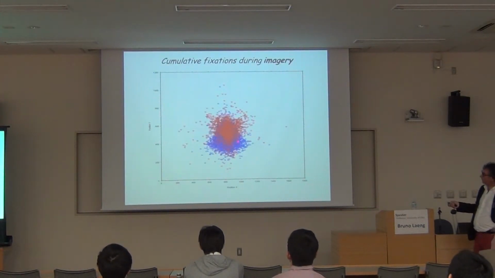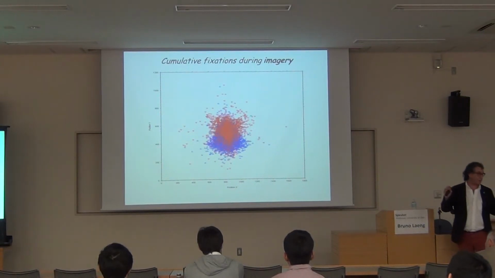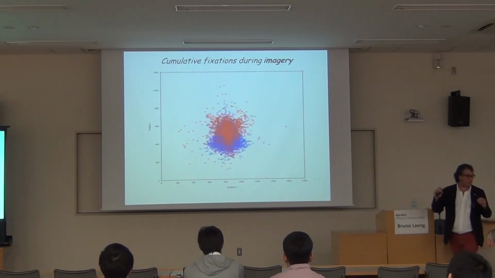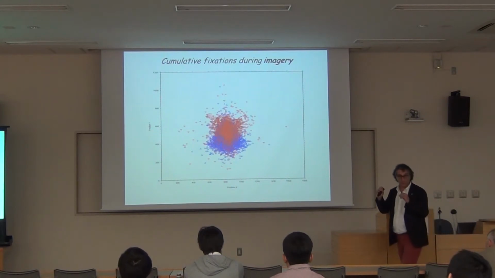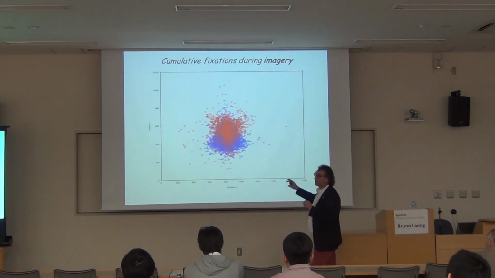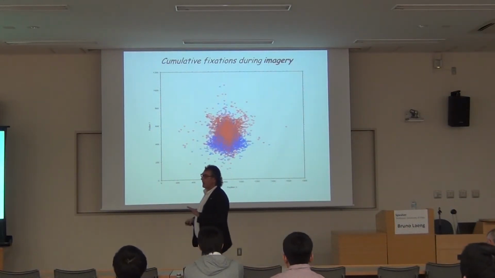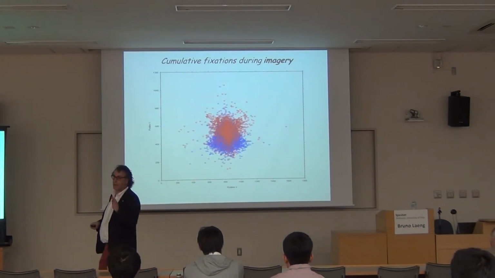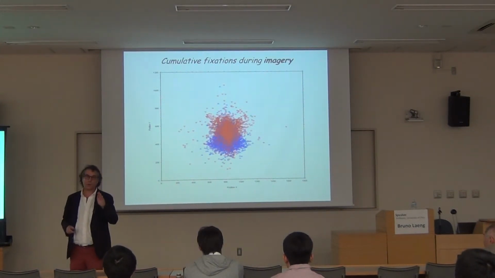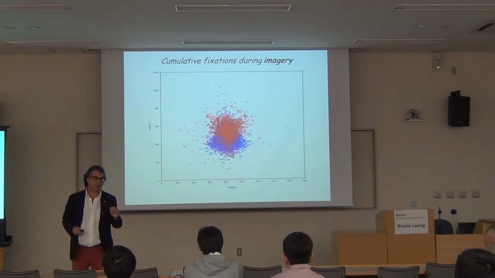As you can see now, red is looking down, blue is looking up. There is absolutely nothing on the screen. This is just the coordinates of the eye while they're thinking, imagining seeing these objects. In fact, we could take this group performance and guess with high accuracy what those people were thinking about at a particular time.